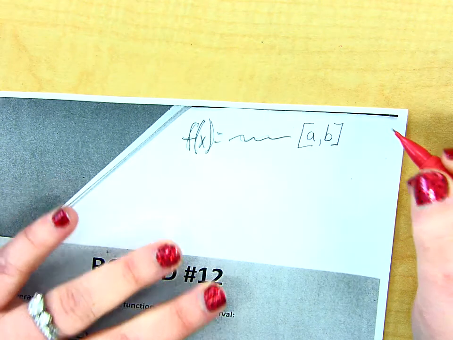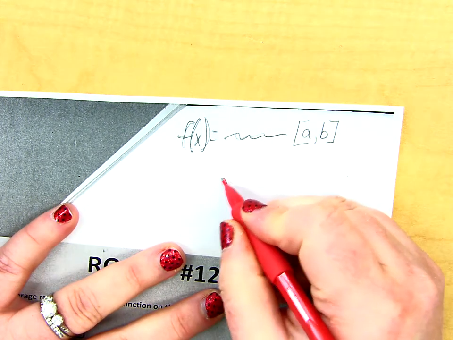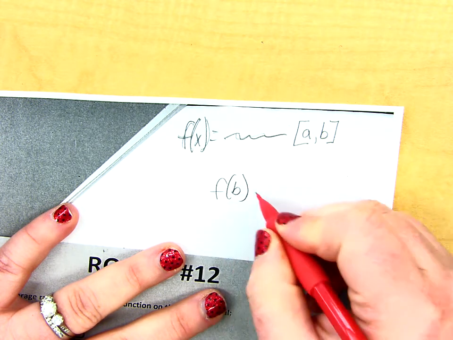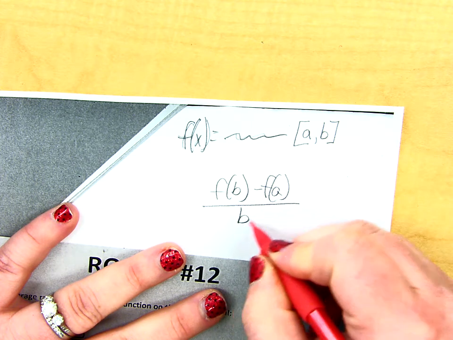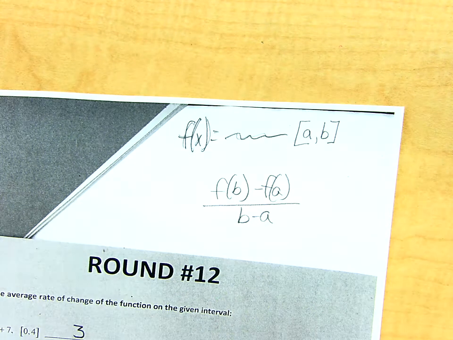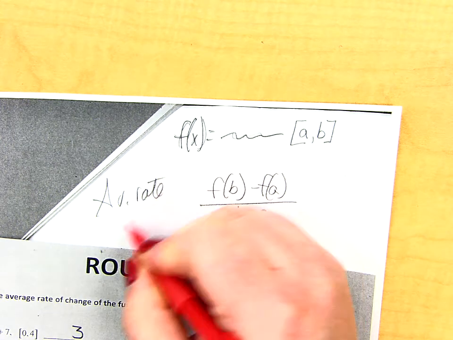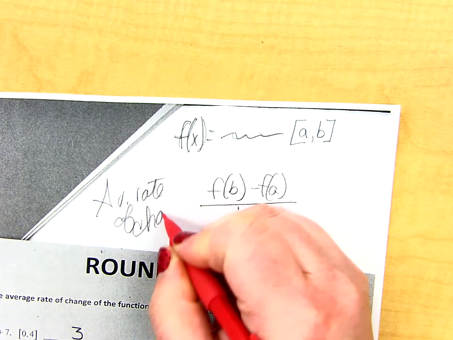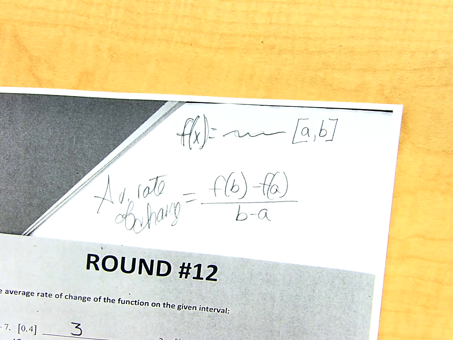So to test for the average rate of change over that interval, you need to do f of b minus f of a, all divided by b minus a. And that gives you the average rate of change over that interval.